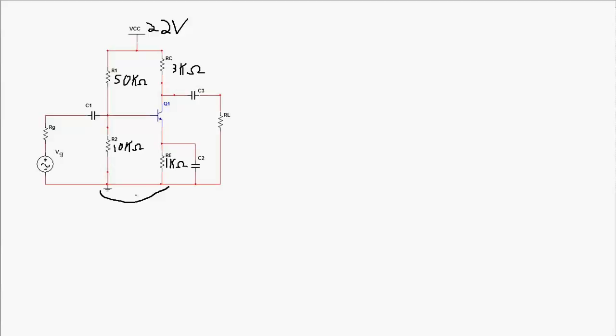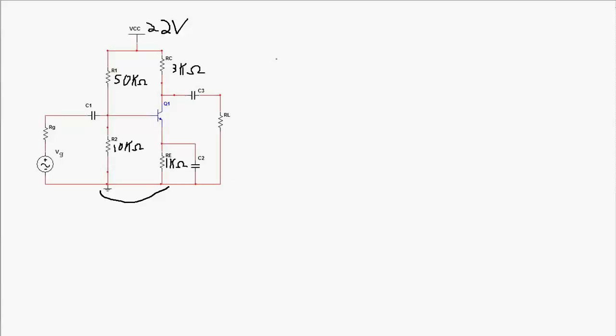This is a DC biasing circuit that you've hopefully seen already. So we actually need to do a DC analysis on this circuit before we can get into the AC analysis. We need to make sure that we are at an operating region that will allow this circuit to be an amplifier, and to be an amplifier, you need to be in the active region.